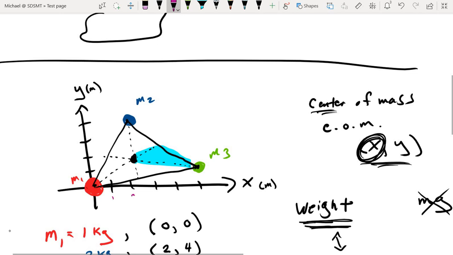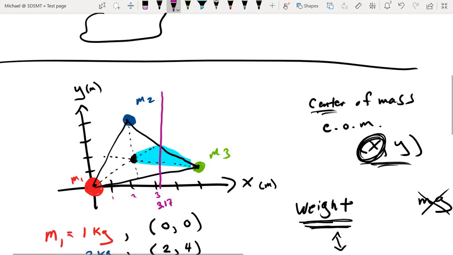So here's 1, 2, 3, and a little bit past that, right about here. 3.17. Right there is where the center of mass for the system is going to have to be located.